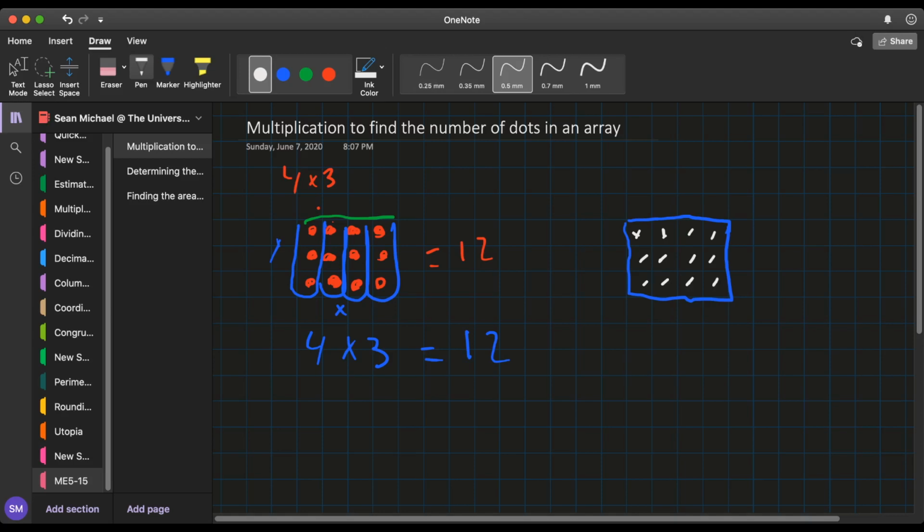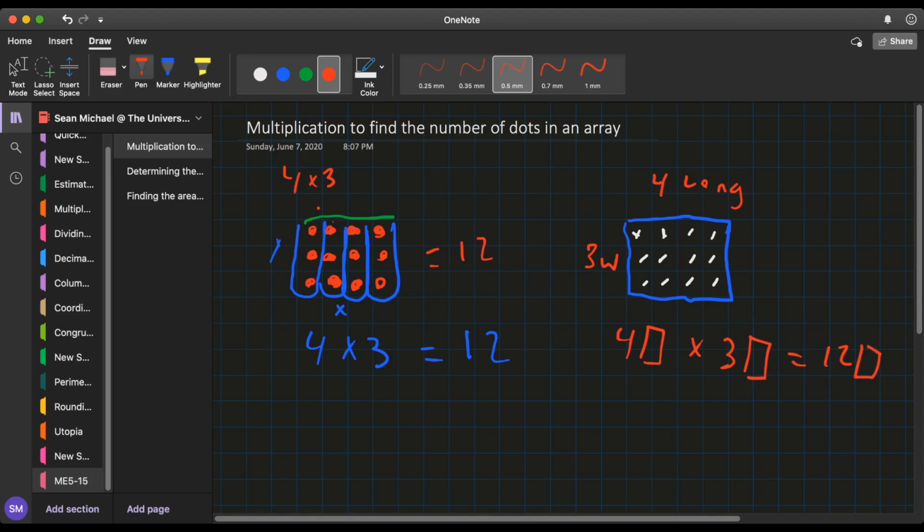So it's 12. We have 4 squares long and 3 squares wide. Let's put a W. And we can also just multiply this, right? 4 squares times 3 squares equals 12 squares.